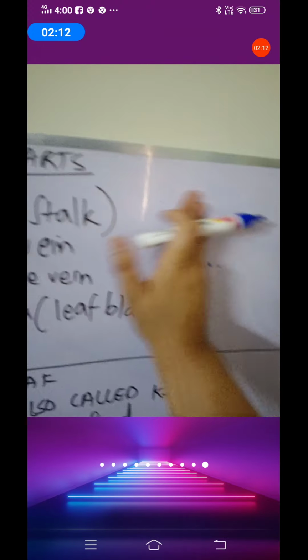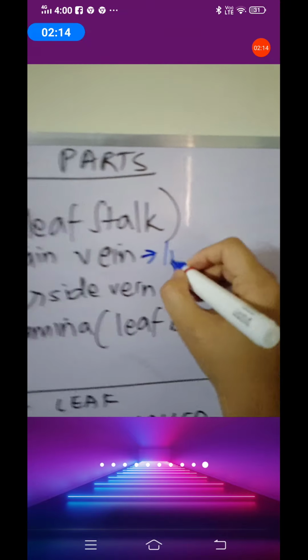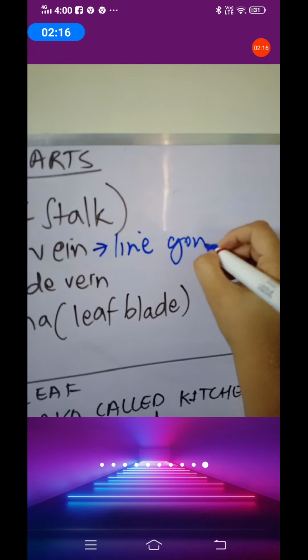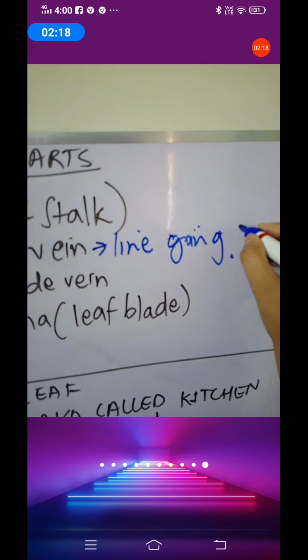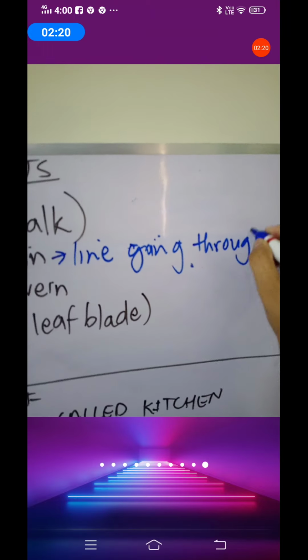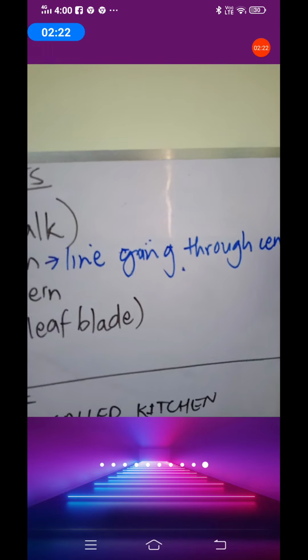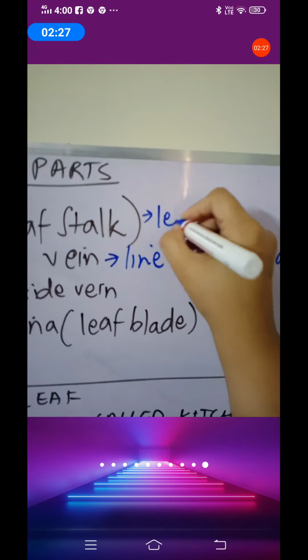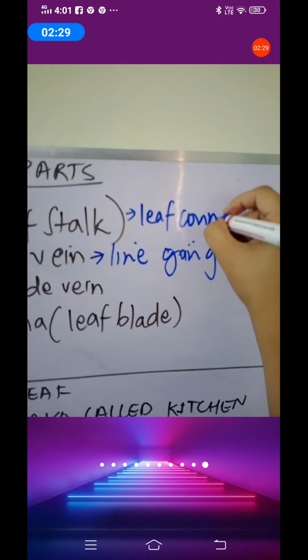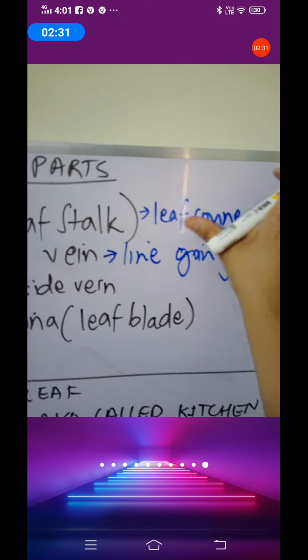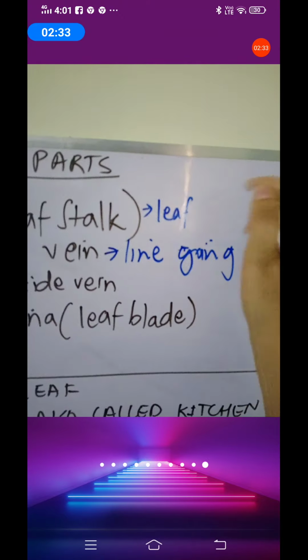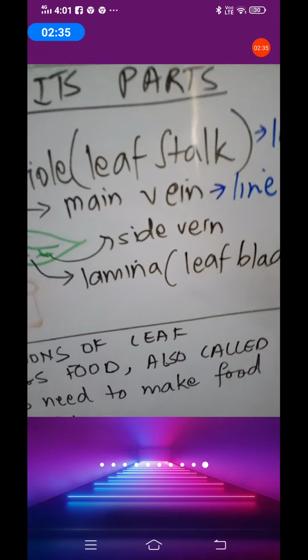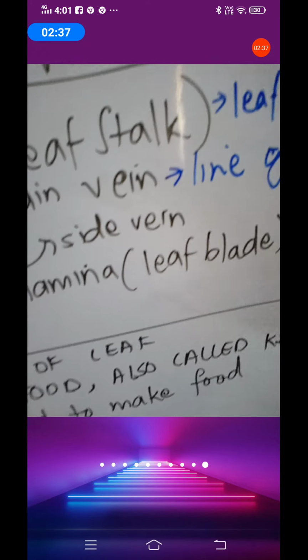The main vein is the line going through the center. And what is petiole? It is the part of the leaf that connects to the stem.